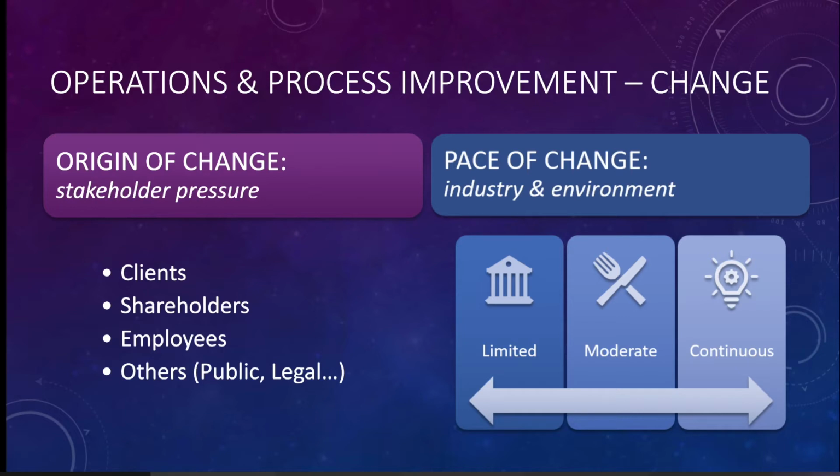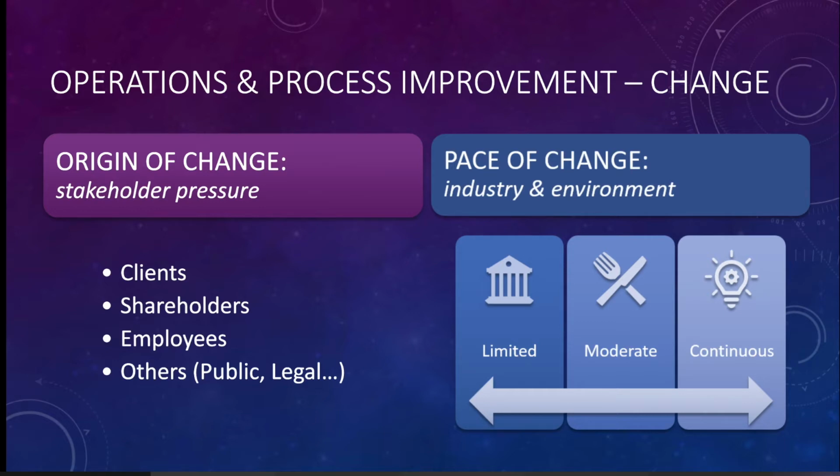Now, depending on where you are in your industry and in your environment, the pace of change will be different. So there's 3 different steps that we look at. It's a limited, moderate, or continuous pace of change. Limited is you do not have to invest much in improvement, because you are secure to have a customer base.